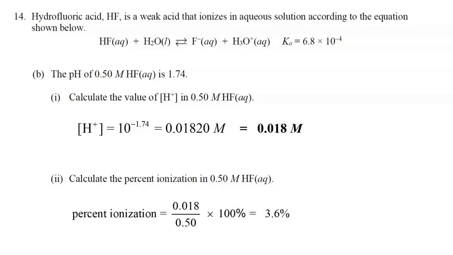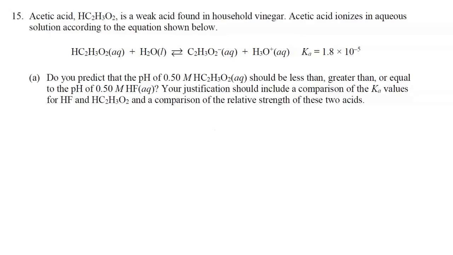Then we take that ratio, multiply by 100, and we get 3.6% ionization for this acid. So the answer to part B is 0.018 moles per liter for the concentration of H+, and 3.6% ionization for the acid.